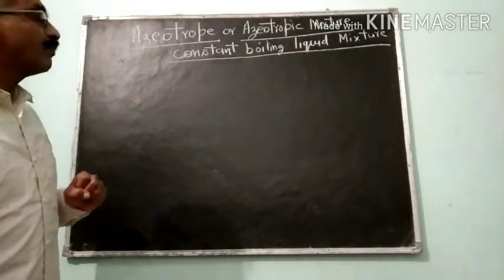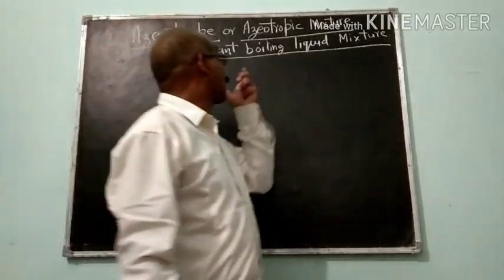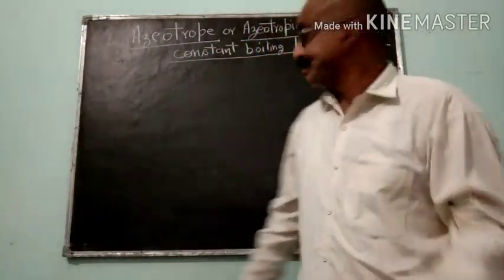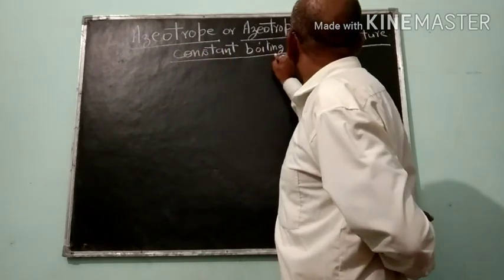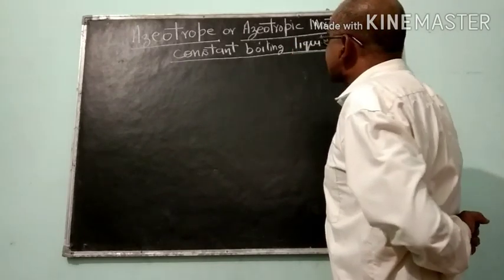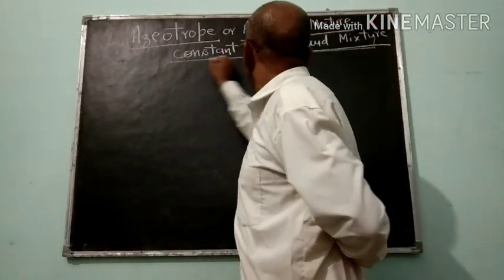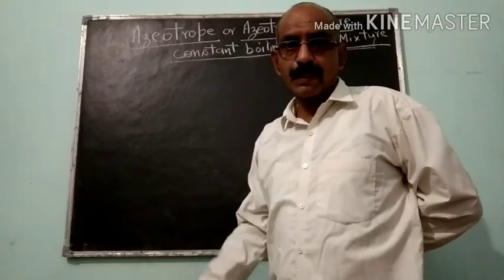So azeotrope, or azeotropic mixture, or constant boiling liquid mixture. As the name suggests, constant boiling liquid mixture means a mixture of liquids having a constant boiling point is an azeotrope.